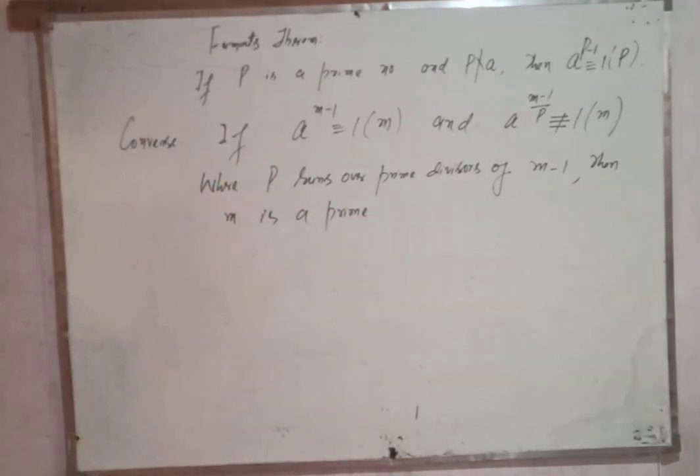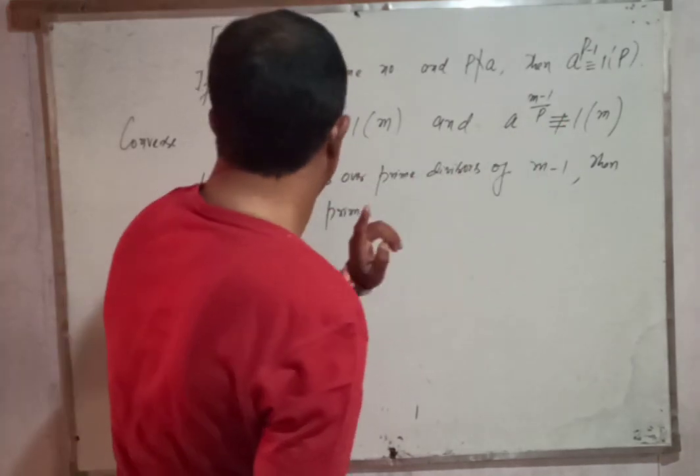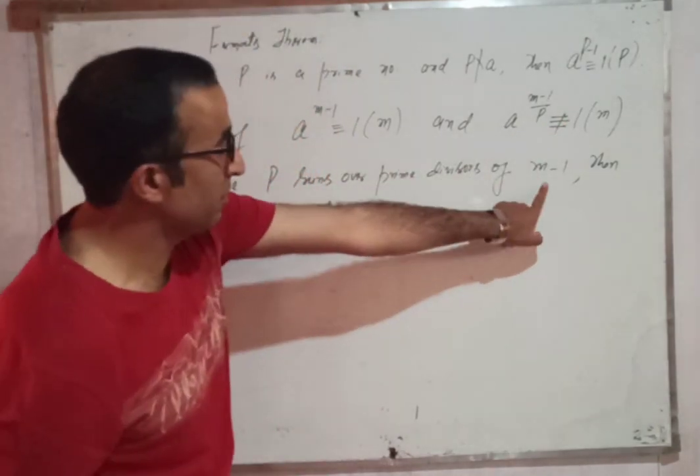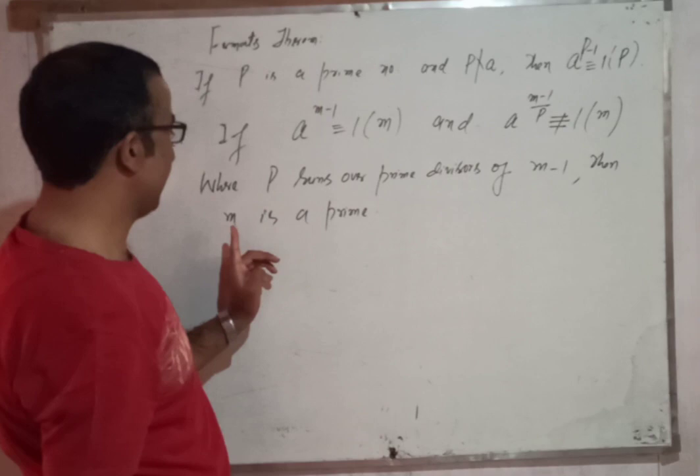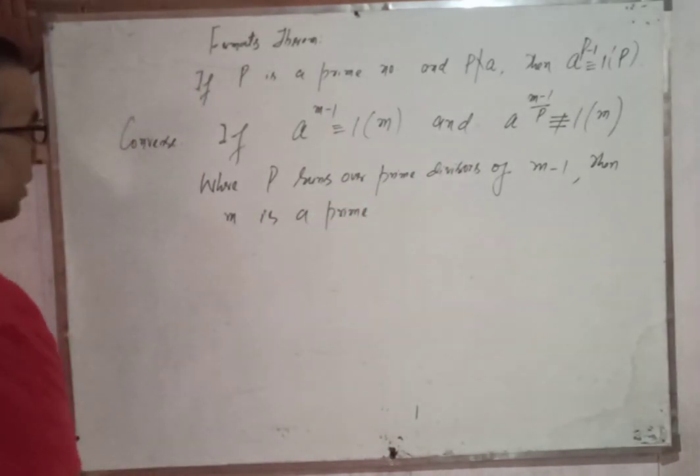So if a power m minus 1 is congruent to 1 modulo m, and this congruence does not hold where p runs over the prime divisors of m minus 1, then m is a prime number. Let us see the proof of this converse.